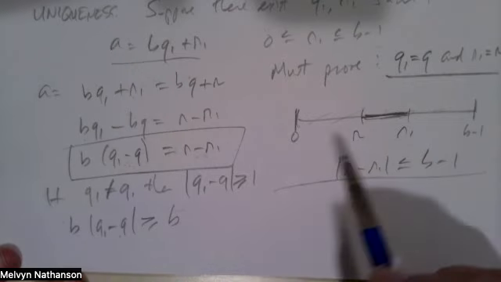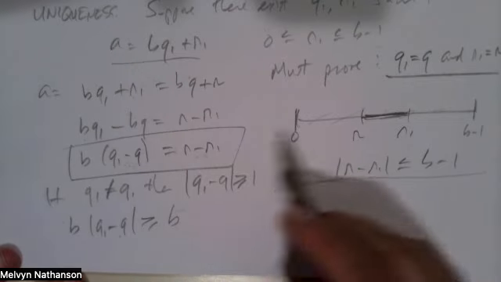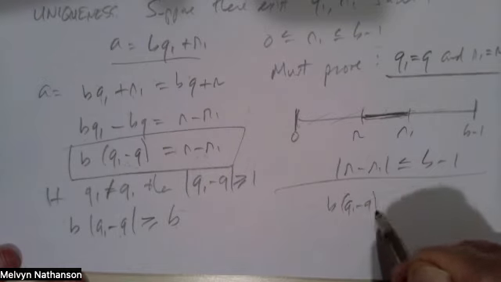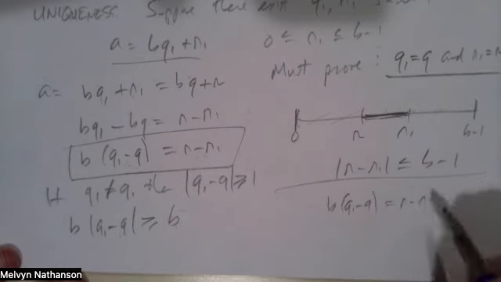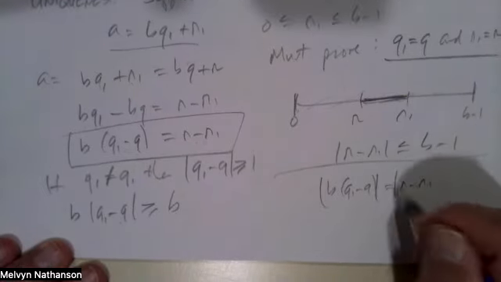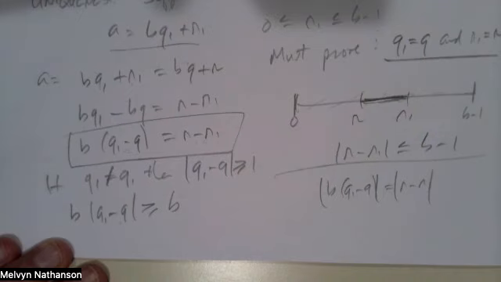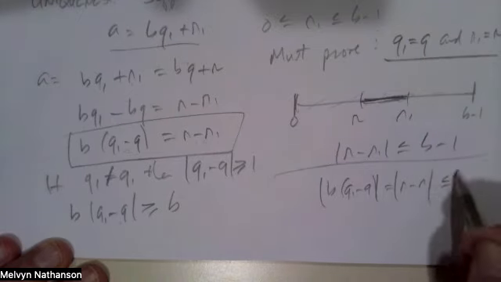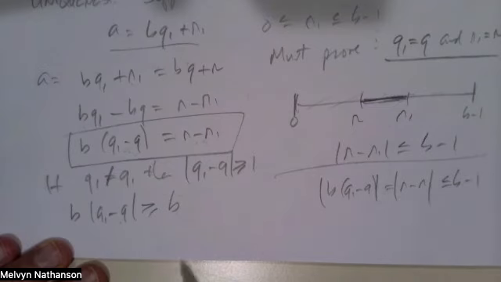But now we have a contradiction because we have, on the one hand, b times q1 minus q is r minus r1. So if two numbers are equal, their absolute values are equal. The absolute value of R minus R1 is at most B minus 1.